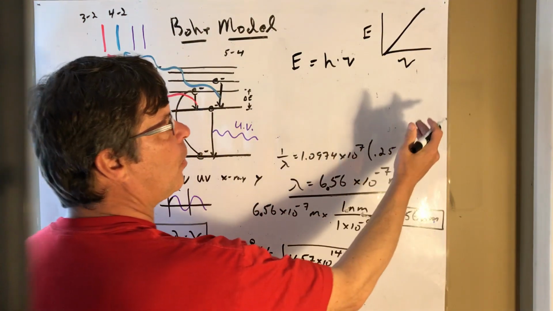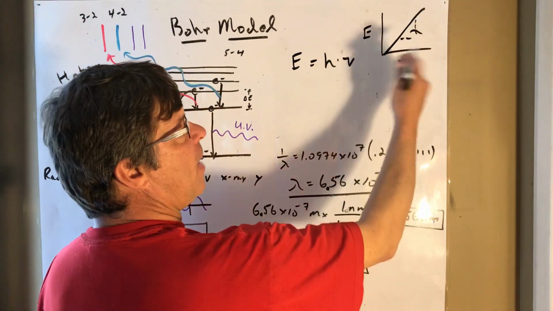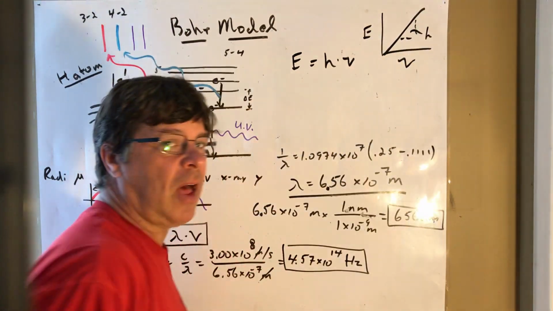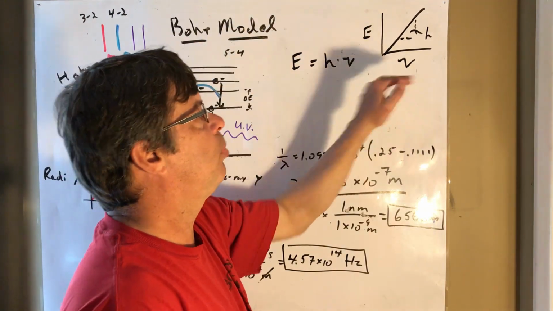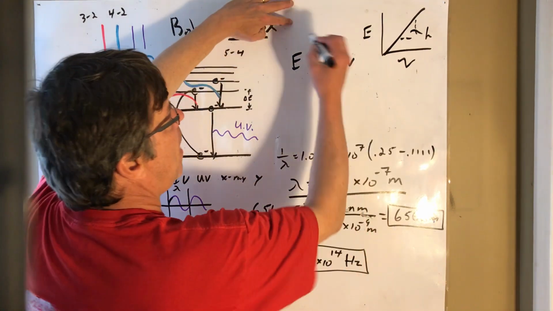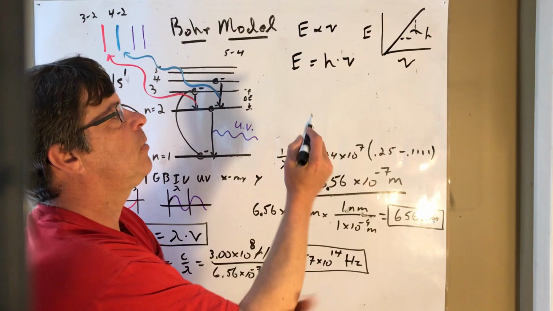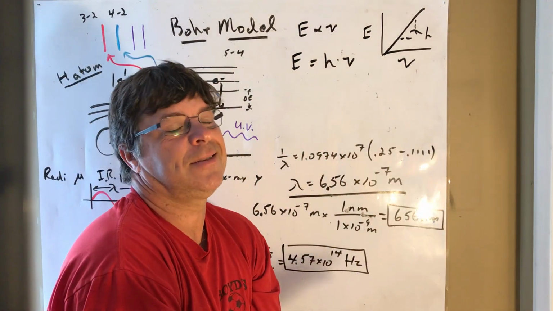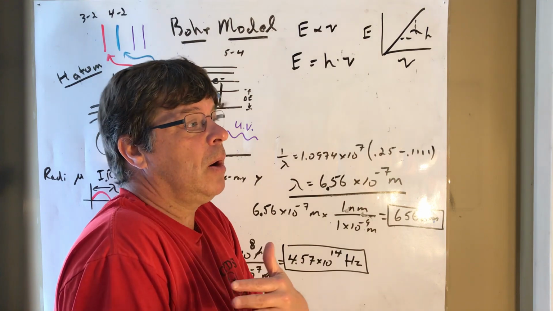They're directly proportional, and the slope of that line would be Planck's constant. So mathematically, you can say energy is directly proportional to frequency, but that's no fun. So we have a proportionality constant, just like pi.